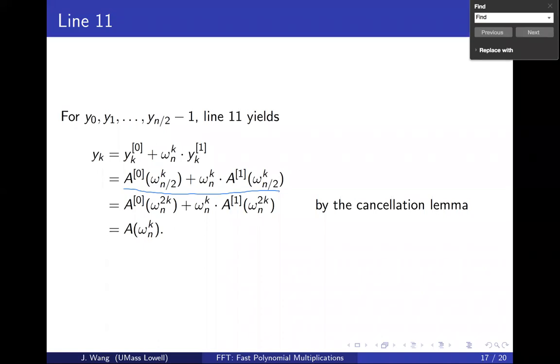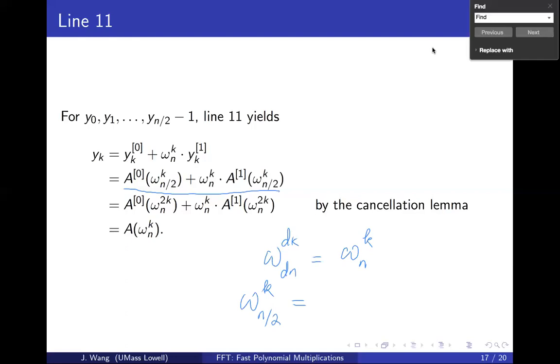Remember the cancellation lemma is this: omega_dn to the dk is equal to omega_n to the k. So when you look at n over 2k, you can think of it in the other direction.